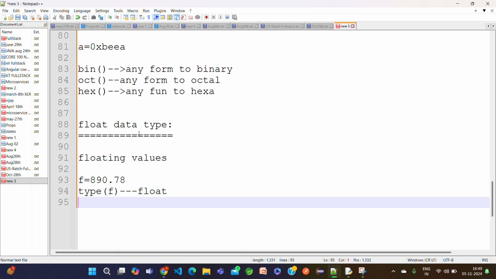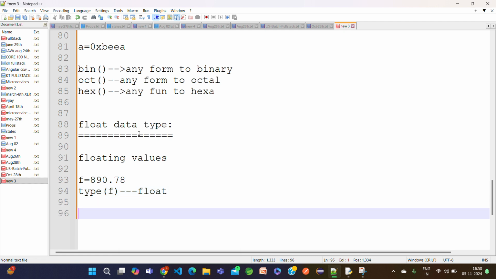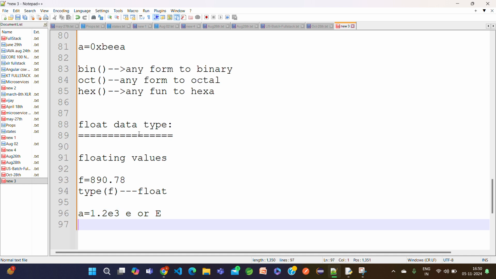Now here we can represent the floating type by using exponential form also. How? For example, a = 1.2e3. Instead of that small e, we can use a capital E also, no issues on that. Then if I print the a value, we are going to get 1200.0, in the form of floating values.